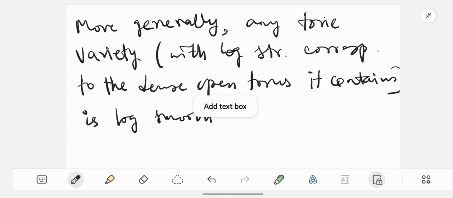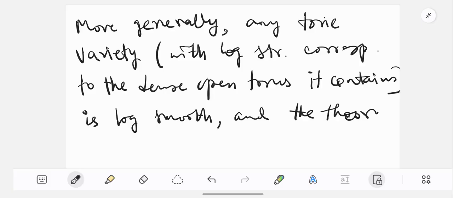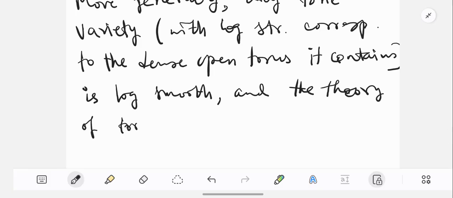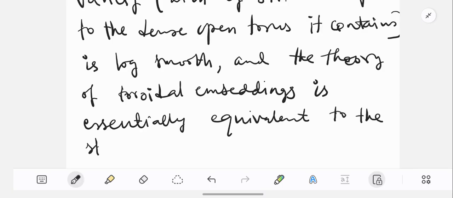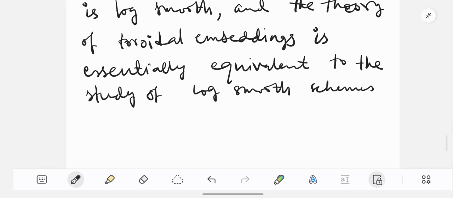So the theory of toroidal embeddings is nothing but the theory of studying log smooth schemes over a field.